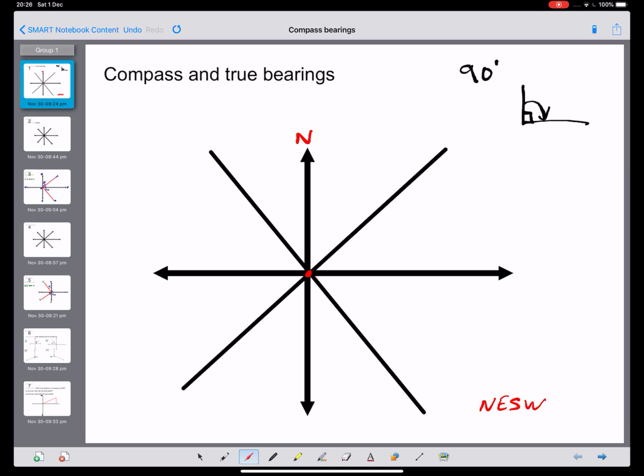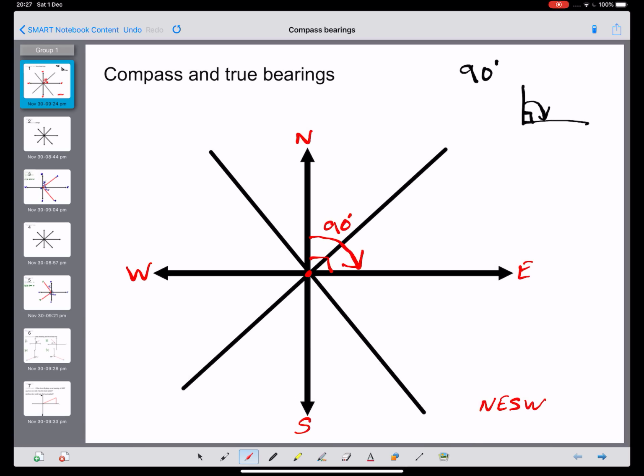We define the top arrow as north, going around clockwise, east, south and west, and we say that each quadrant measures 90 degrees. So that is 90 degrees.